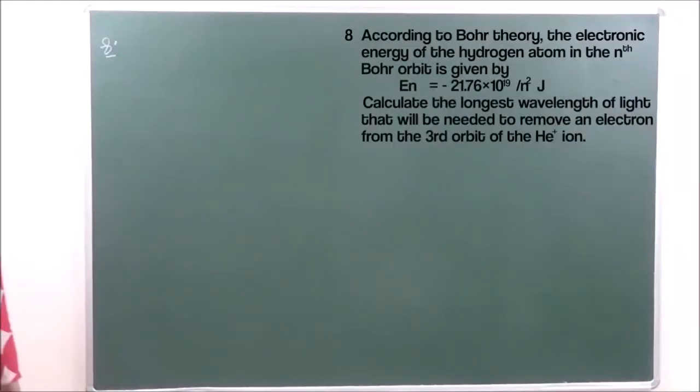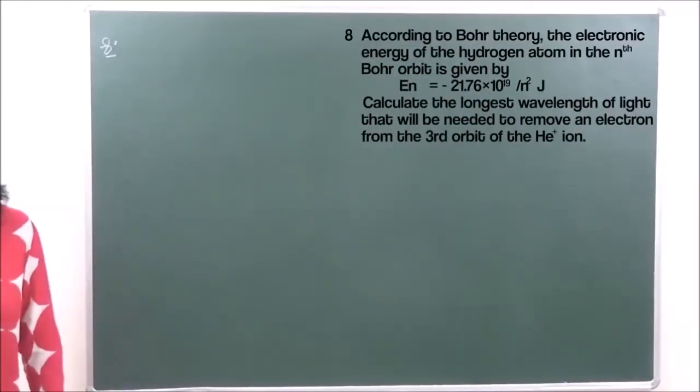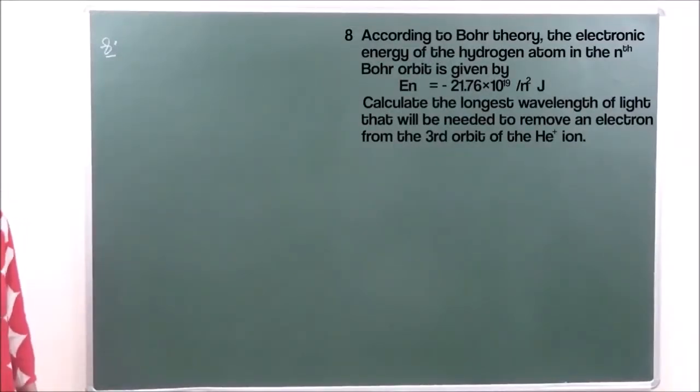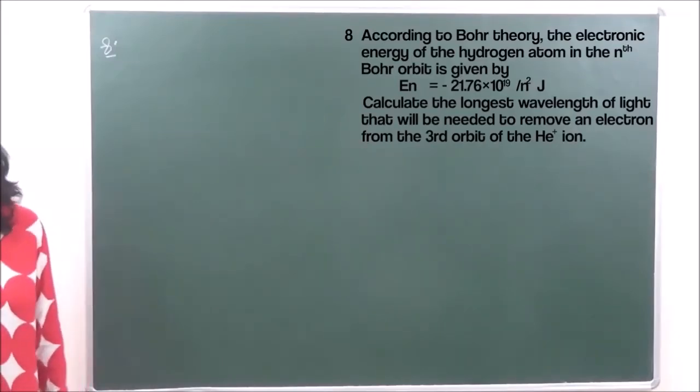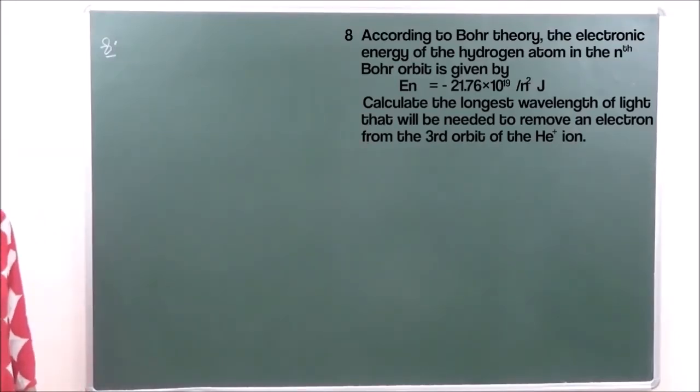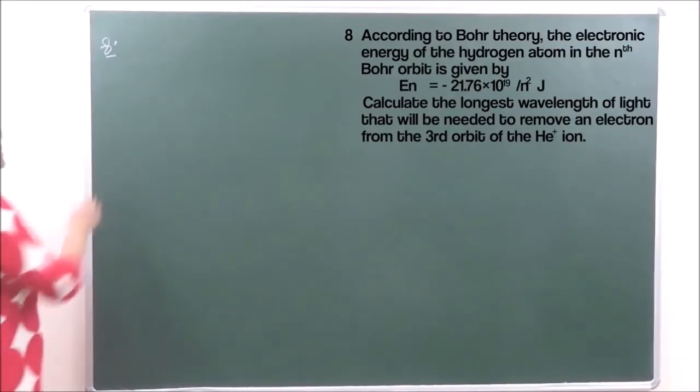Question number 8. According to Bohr's theory, the electronic energy of hydrogen atom in the nth orbit is given by En is equal to minus 21.76 into 10 raised to the minus 19 joules upon n square. Calculate the longest wavelength of light that will be needed to remove an electron from the third orbit of He positive ions. First of all, let's calculate the electronic energy of He positive ions.